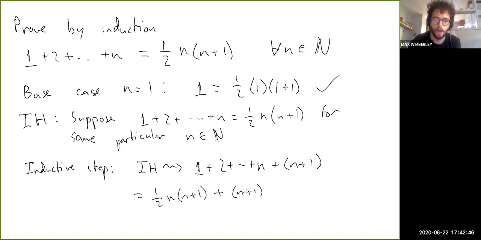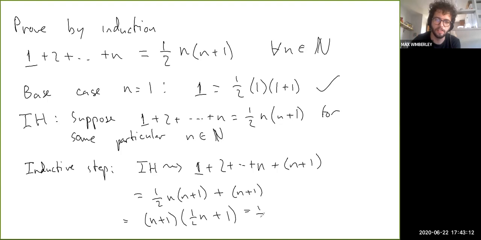So if you factor out n plus 1, you'll get, yeah, let's factor out n plus 1. So you'll get n plus 1 times 1/2 n plus 1, right? Oh, and let's also factor out a half.